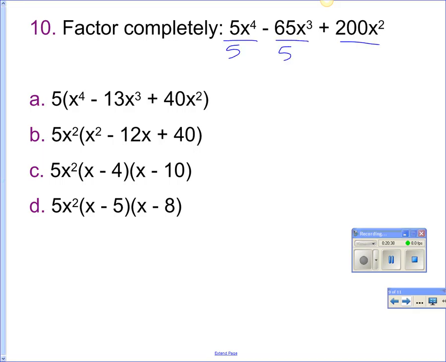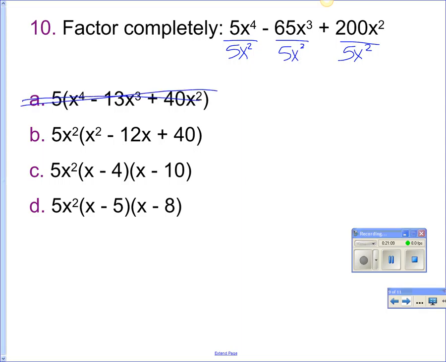What else do I divide them all by? X squared, okay? So guys, look at this multiple choice question. What answer choice can I go ahead and mark out? A. I can mark out A. Why? It doesn't have x squared, which we know has to be out front. So we can mark out A.